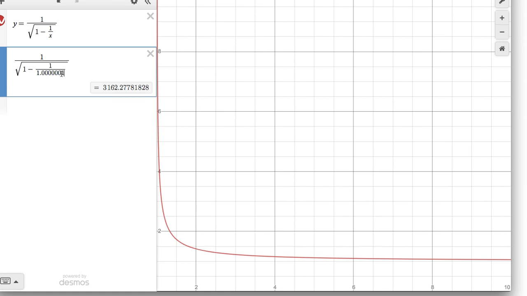Any number multiplied by RS would go here. So it's 1 divided by the square root of 1 minus 1 over whatever that number is. That's what you're ultimately trying to calculate in these types of problems. And the smaller this number is, or the closer it is to 1, the bigger this number is going to be.